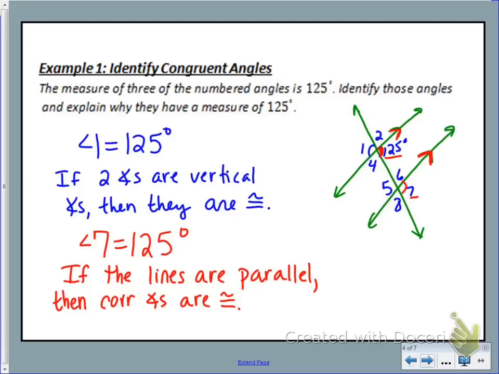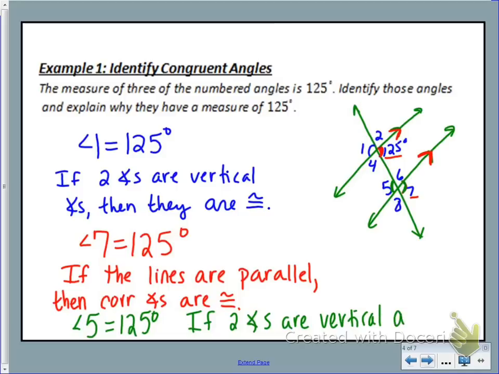Let's continue on. Now we can say that there's another angle pair that we can observe, and that's angles 5 and 7. Once again, angle 5 is going to be equal to 125 degrees due to vertical angles. So if 2 angles are vertical angles, then they are congruent.